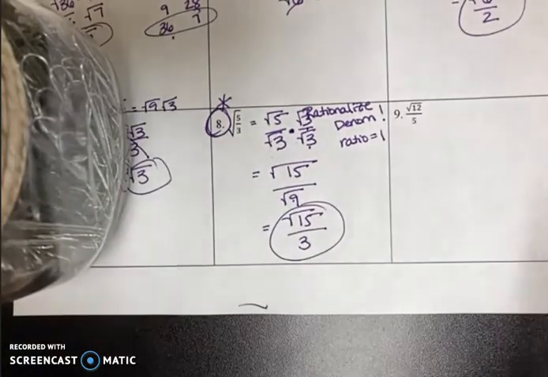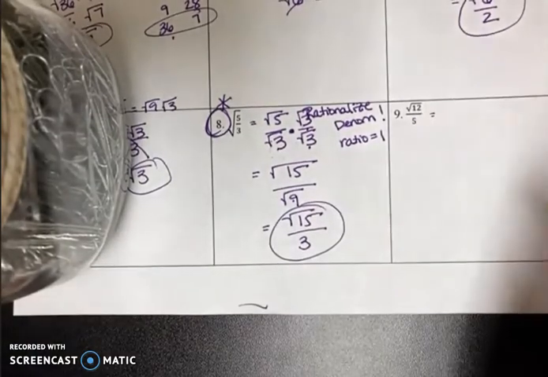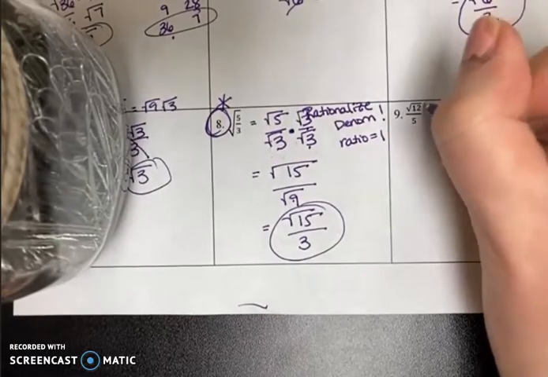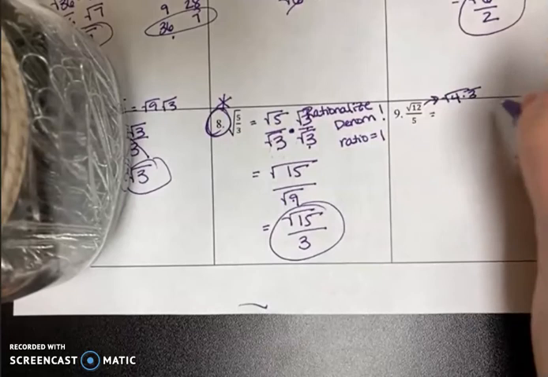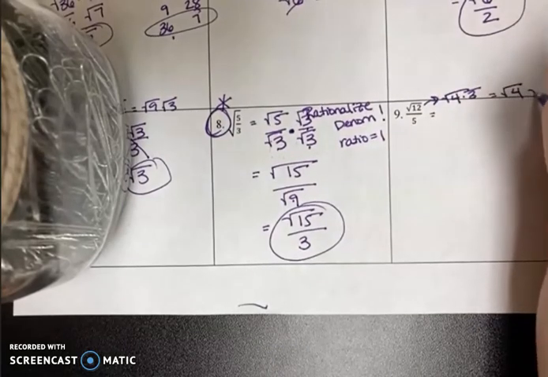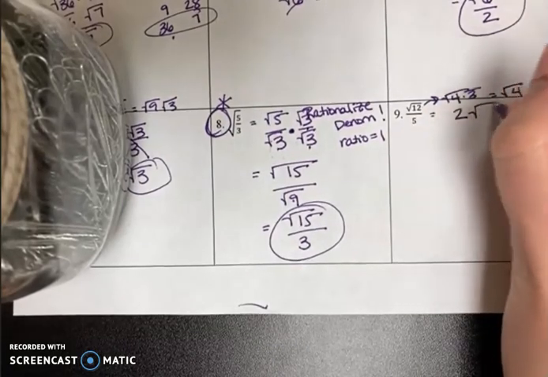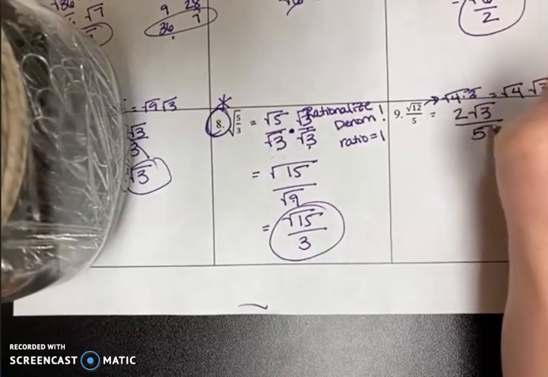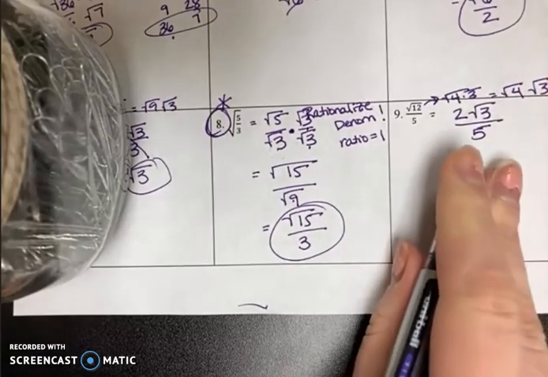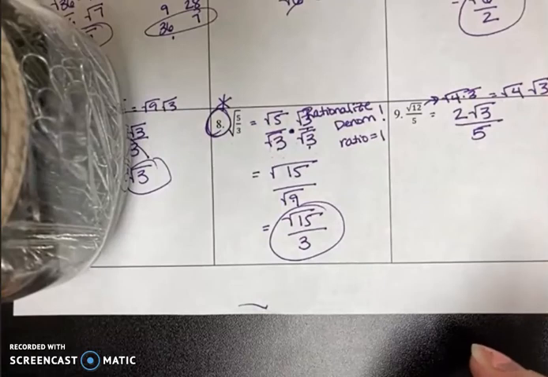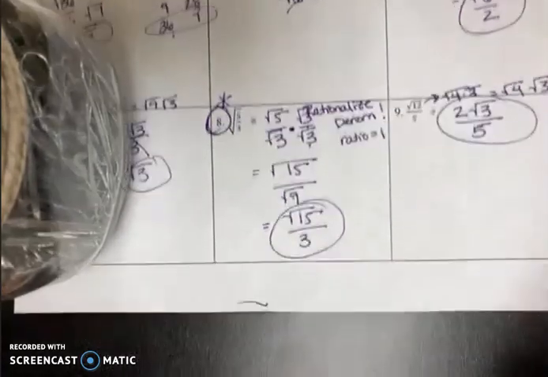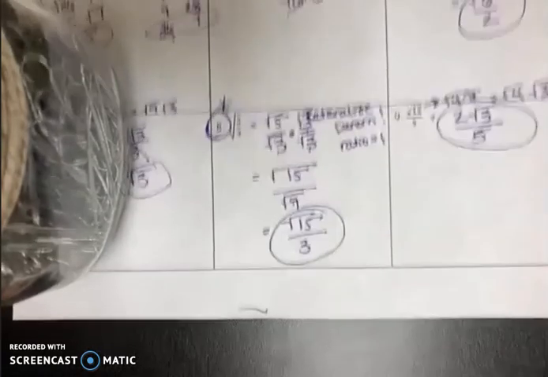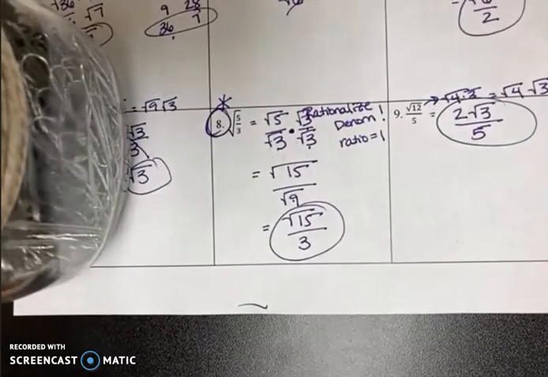We have a root in the numerator, so let's see if we can simplify that, and we can. The square root of 12 becomes 4 times 3, root 4 times root 3, or 2 root 3 over 5. It's already rationalized, so I don't have to do anything there. I can't simplify either, so that's my final answer.